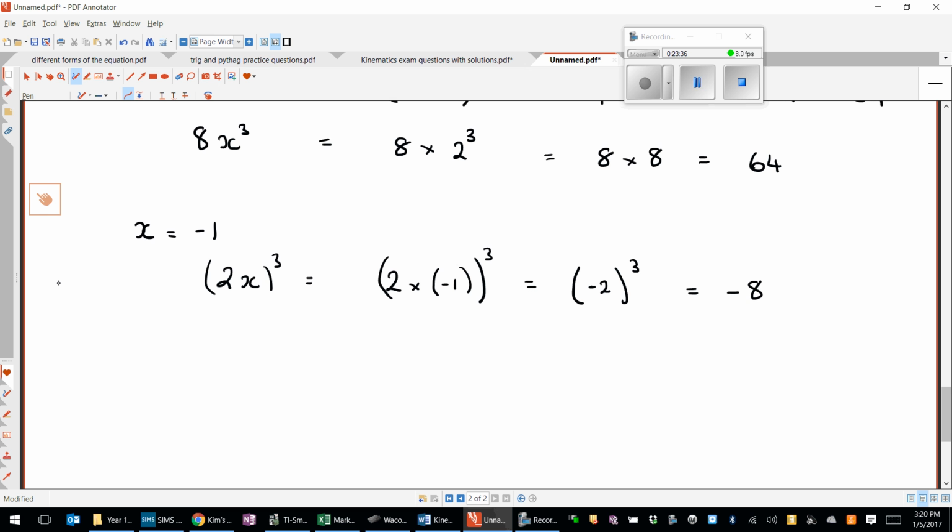That would be 8 times negative 1 cubed. And negative 1 cubed is negative 1. So 8 times negative 1 is negative 8. You get the same answer with both.